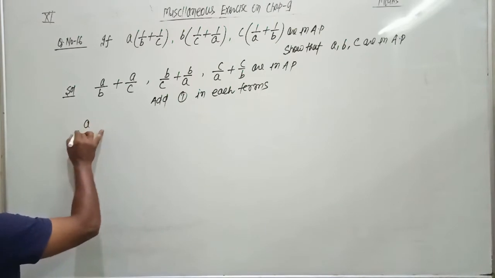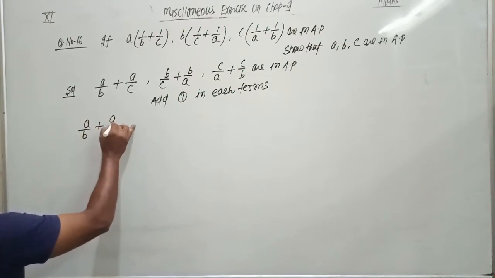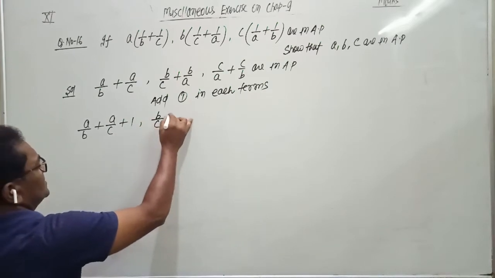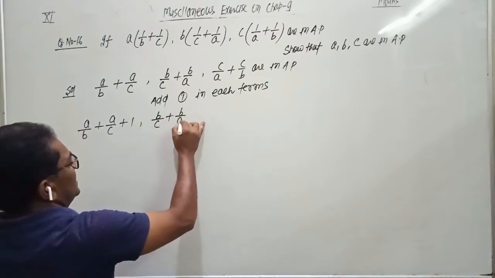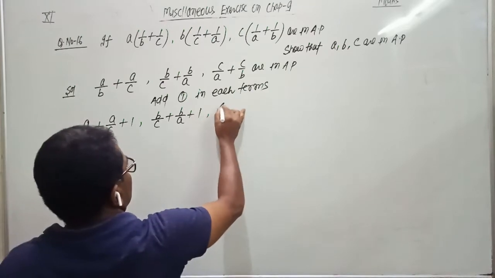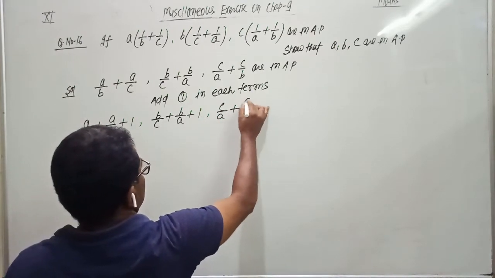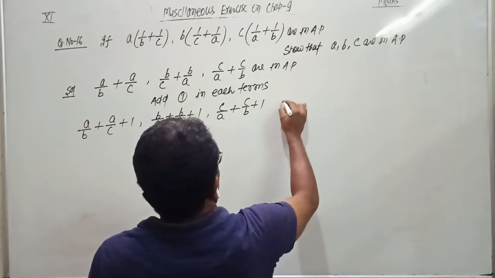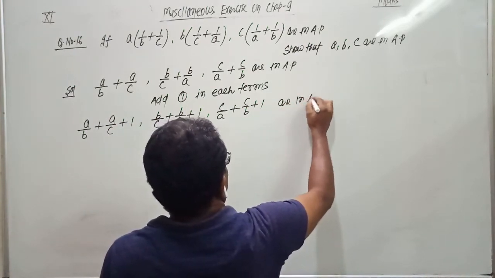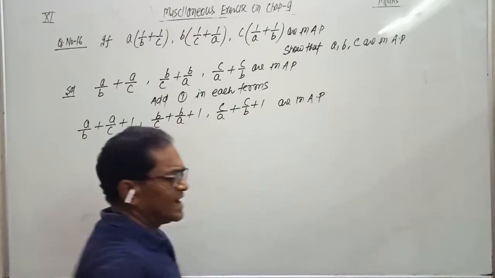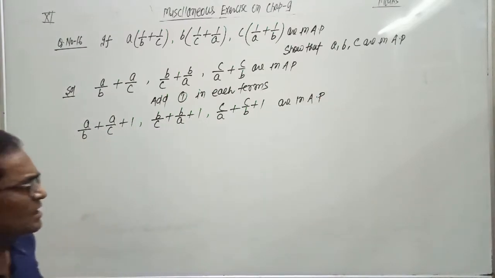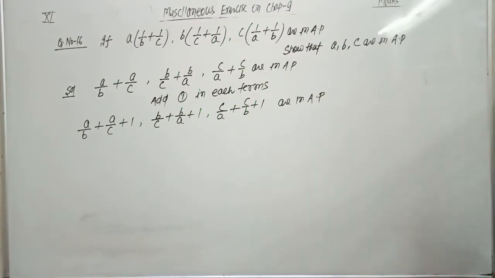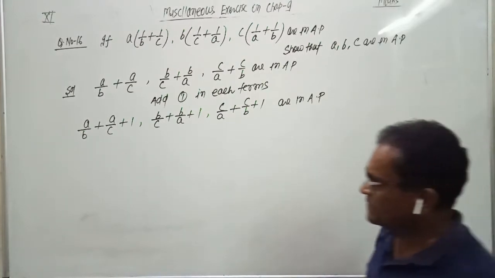So it comes a by b plus a by c plus 1, b by c plus b by a plus 1, c by a plus c by b plus 1 are in AP. When we add a fixed quantity to all these terms, then the resultant sequence will also be in AP.